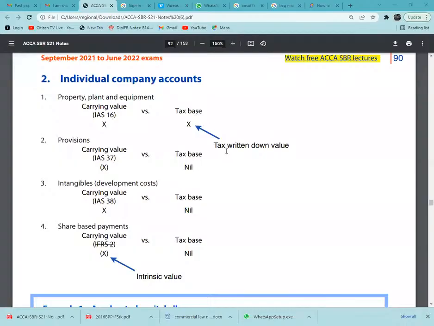You can see this examiner is underscoring here that this one has to be the tax written down value. Listen, any provisions will always have what? A nil tax base. Intangibles will always have a nil tax base. Share-based payments will always have what here?